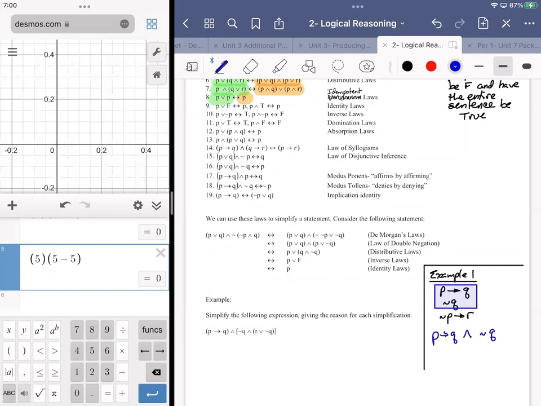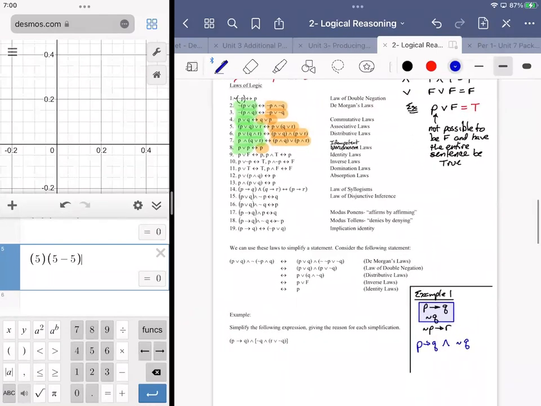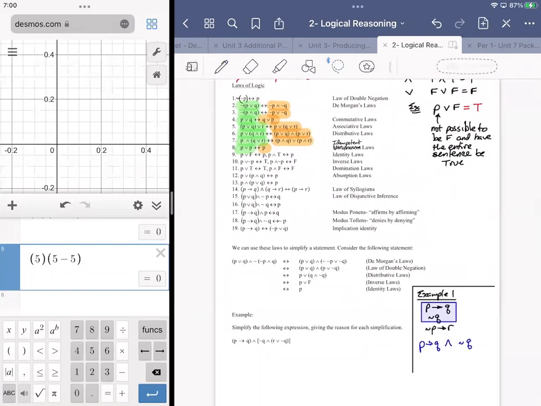So what I would be looking for is a rule that fits that mold. Now I use P's and Q's here for a reason, because that matches up nicely with what we have up here, right? So I would be looking, again, everything to the left of an if and only if is what you're starting with, and everything to the right is what it simplifies down to.